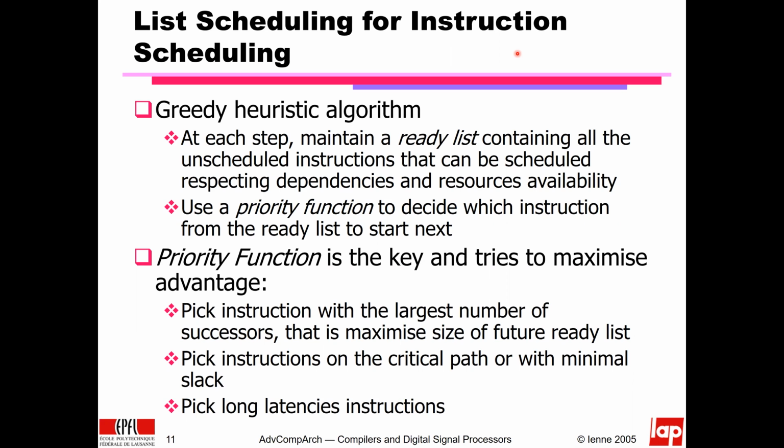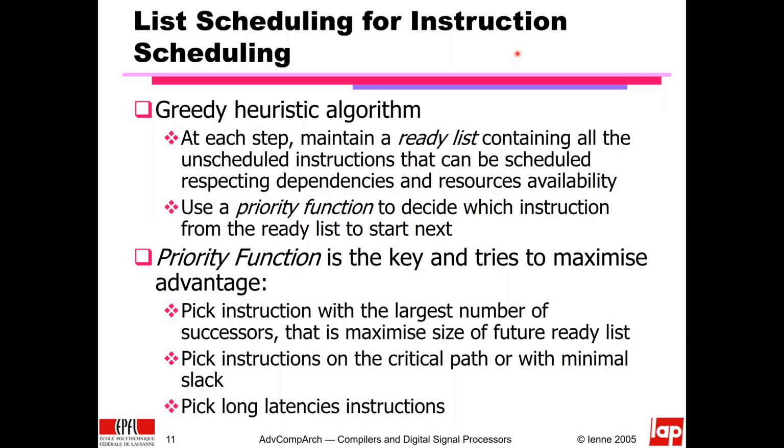The point is that one maintains a ready list that contains all the instructions that, at a given point in time, have not been scheduled yet and could be scheduled in terms of dependencies and resource availability, and picks at every step one instruction from this ready list.